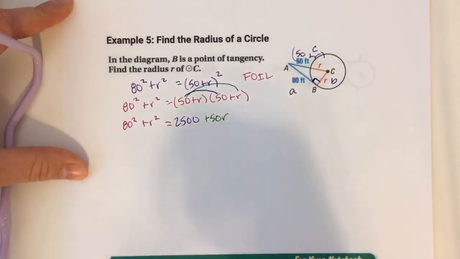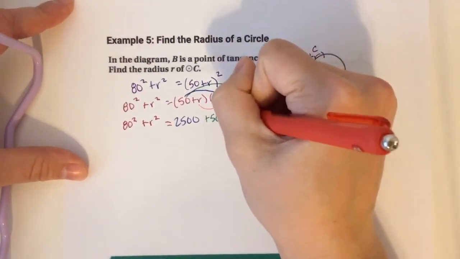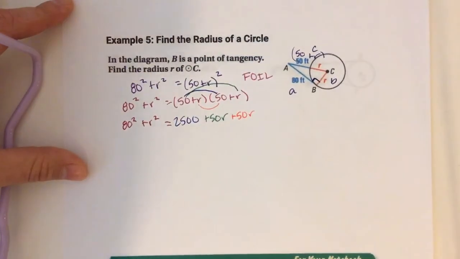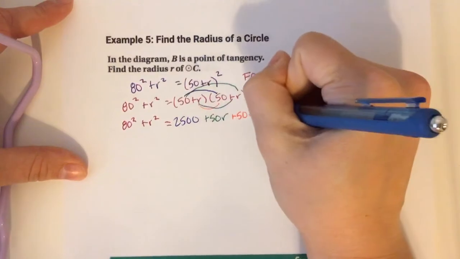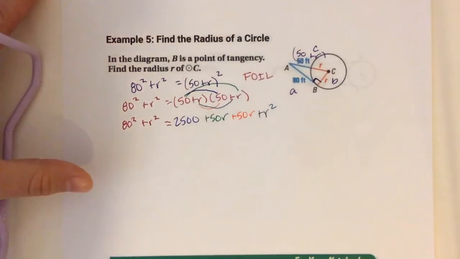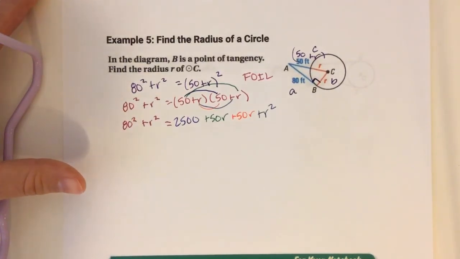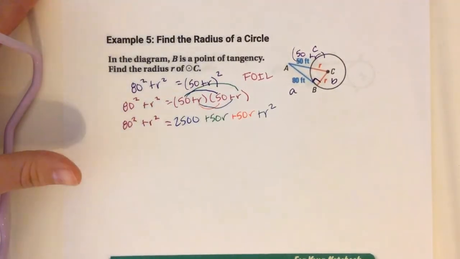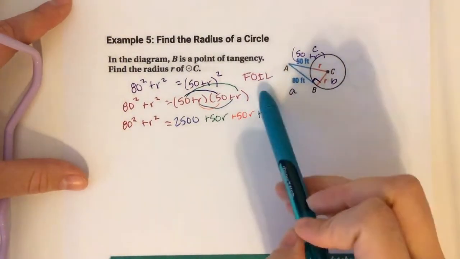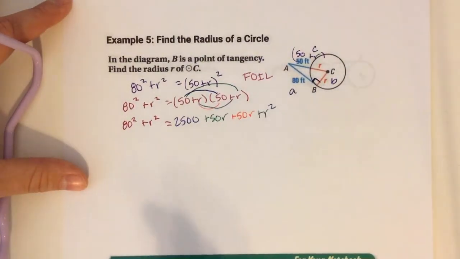Our inside is going to be, again, 50 times R, so plus 50R. And then our last, R times R, that's what gets us our R squared. So hopefully you guys remember doing this from algebra. If not, maybe find some videos talking about how to foil. They'll go through a lot of examples.